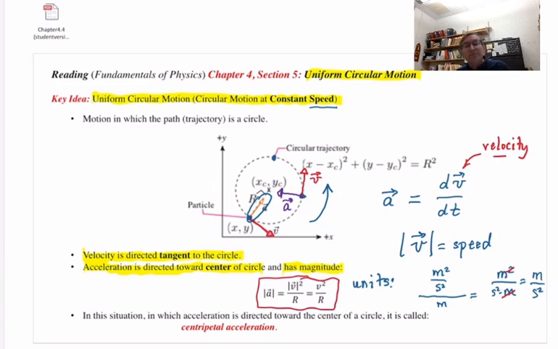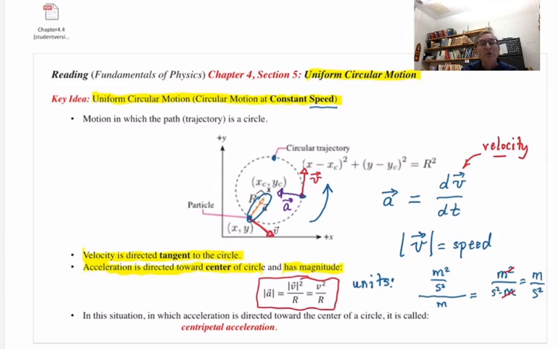Just one more thing that you want to be aware of, because it is used a lot when physicists are talking about circular motion. This scenario, where we have an acceleration vector that is always pointing towards the center of a circle, is given a special name.